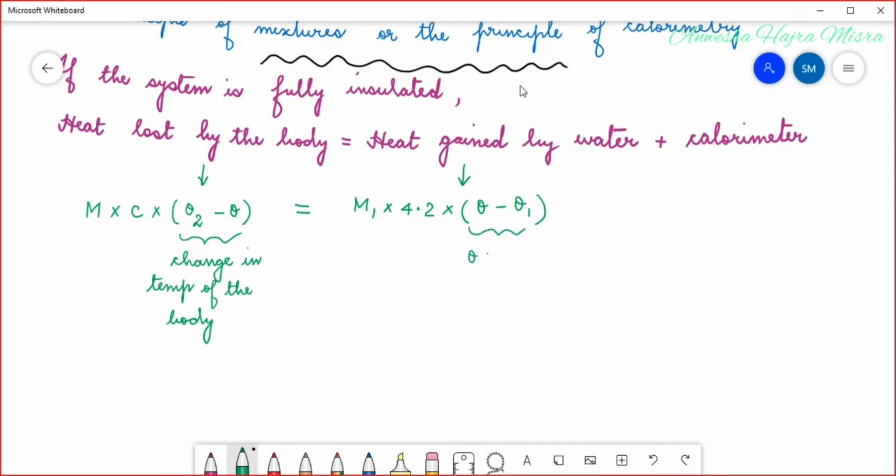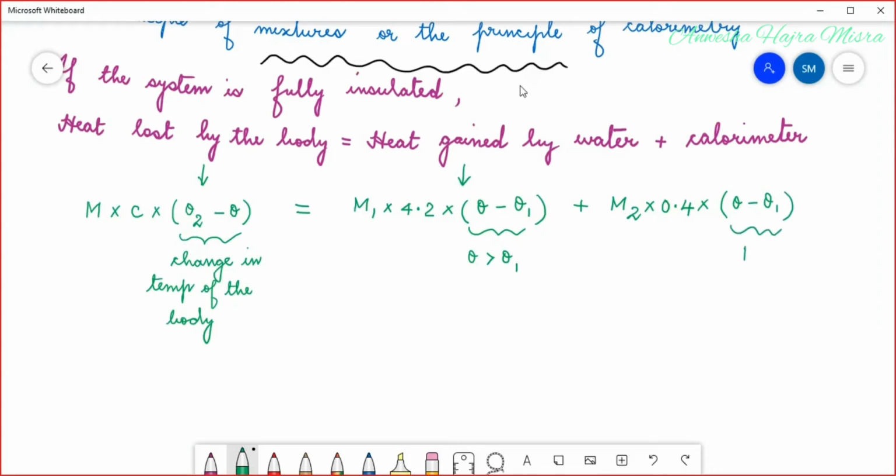Here theta is greater than theta 1, plus calorimeter has mass m2. It is made up of copper. In CGS, its specific heat capacity is 0.4. Calorimeter was at theta 1. Final temperature was theta.